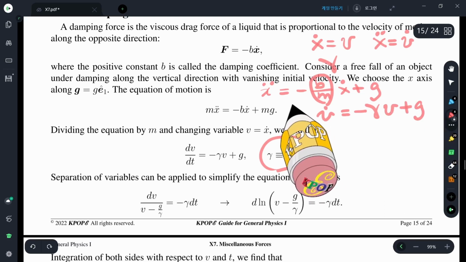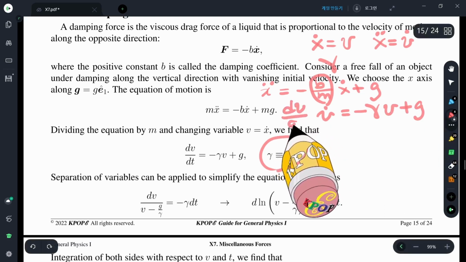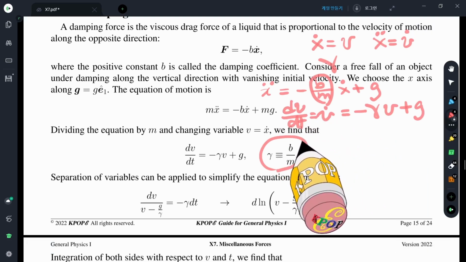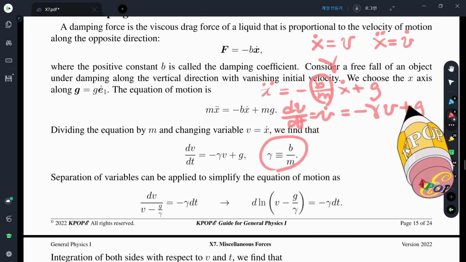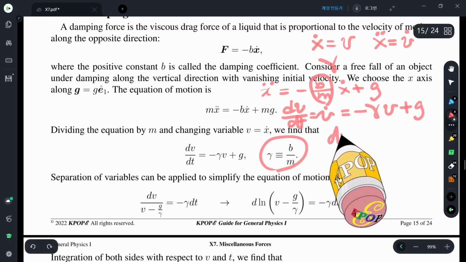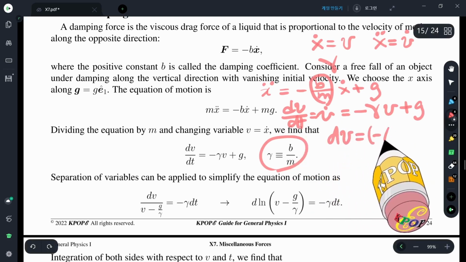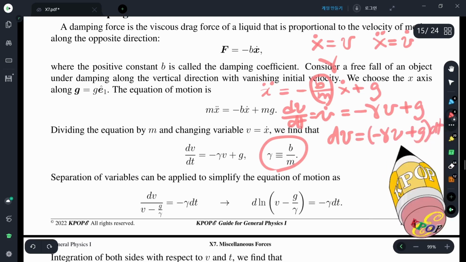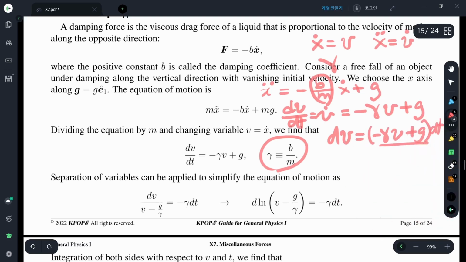And v dot is dv over dt. A mathematician says it's a separation of variables. We have v's and we have t. Why don't we separate them? We multiply dt on both sides, and divide on both sides.